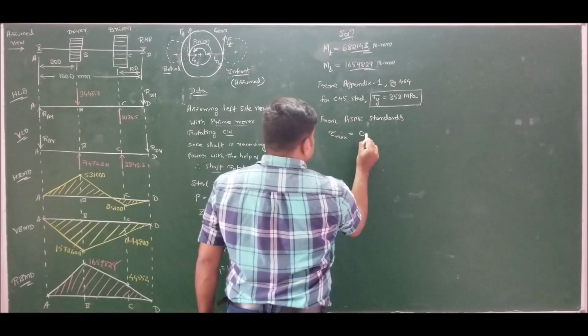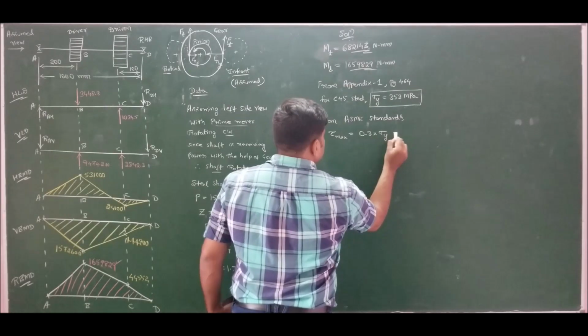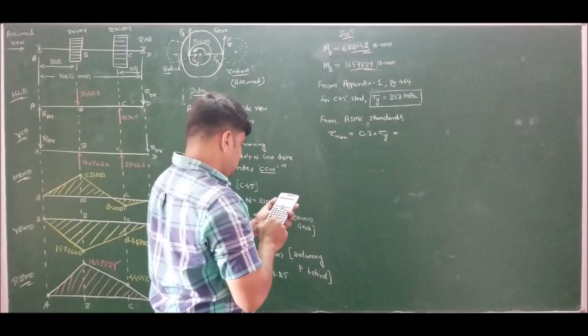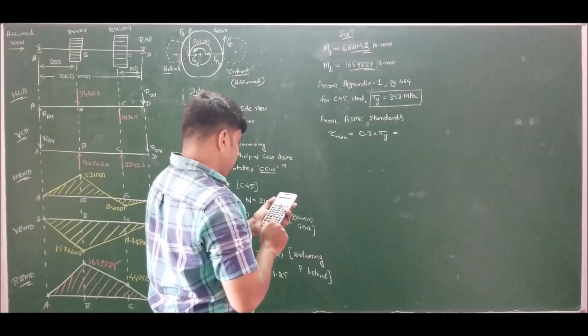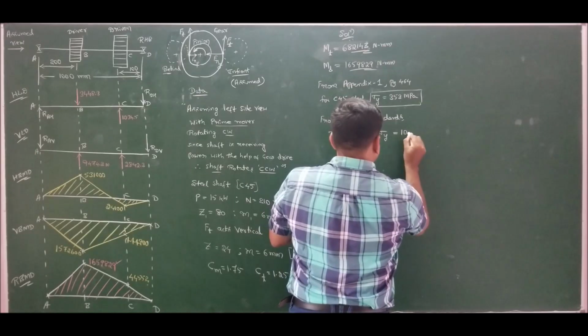tau max is 0.3 times sigma yield. So 0.3 into sigma yield, which is 353, yields a value of 105.9.